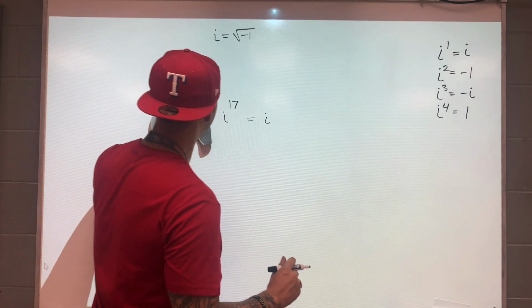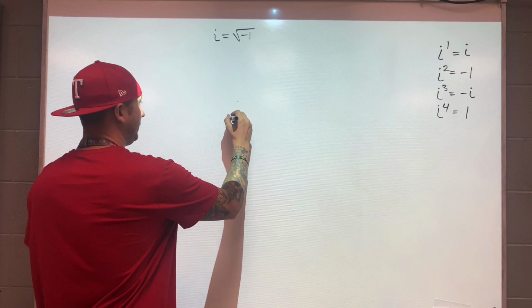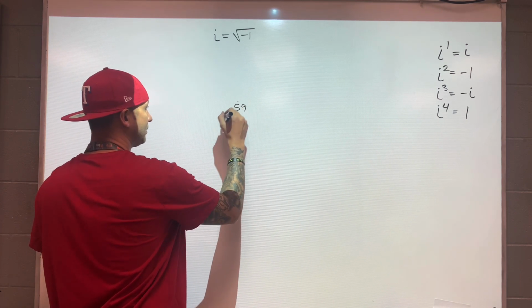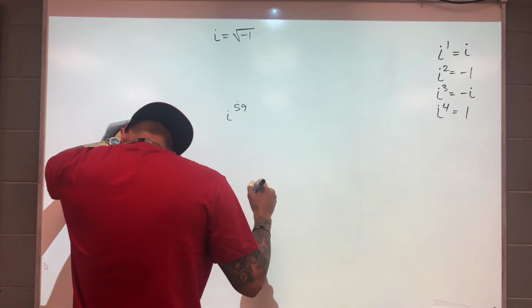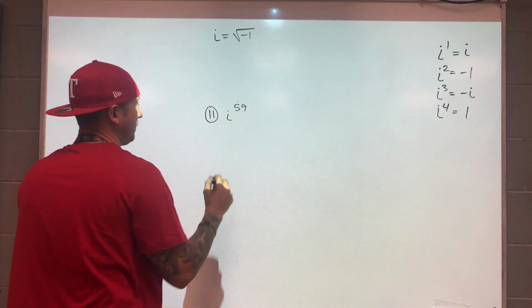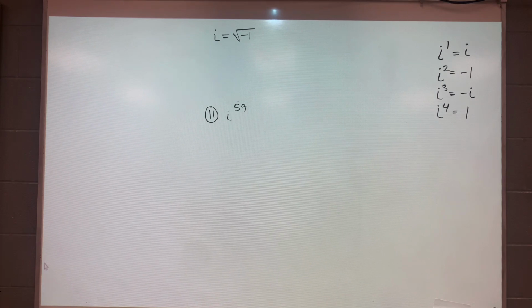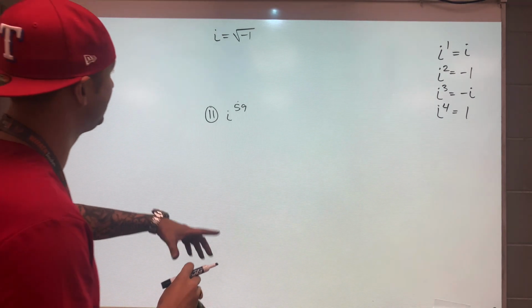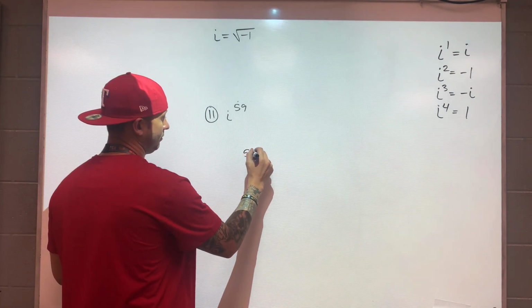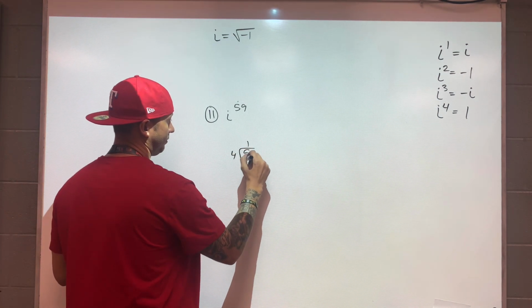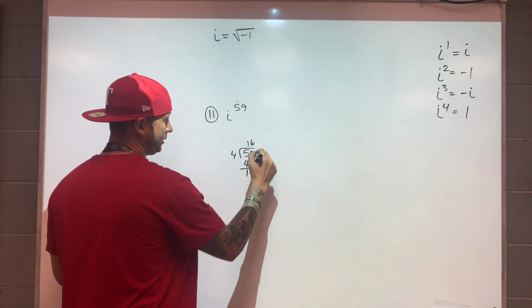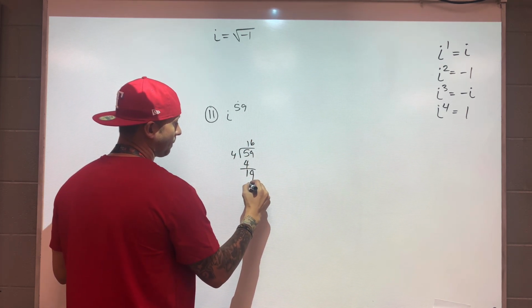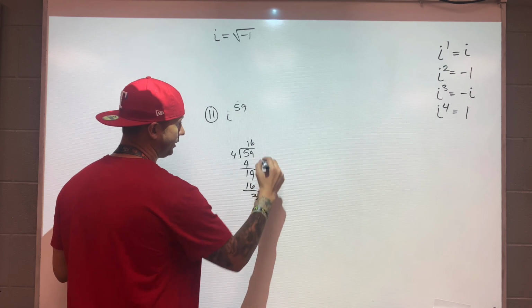11, 59th power. Okay. i to the 59th power. What number is this? 11. All right, so if we figure out what multiple of 4 this is, I'm dividing it by 4. 16, 3.